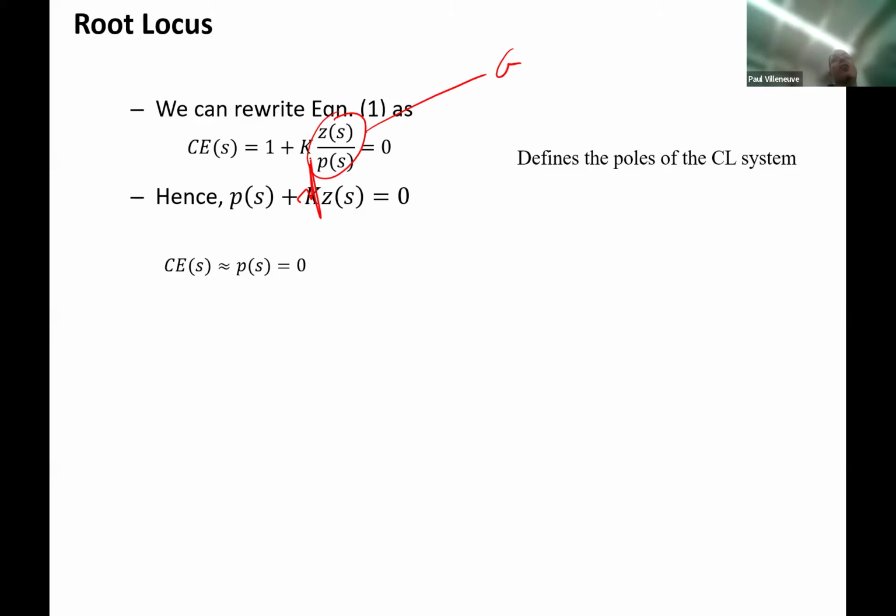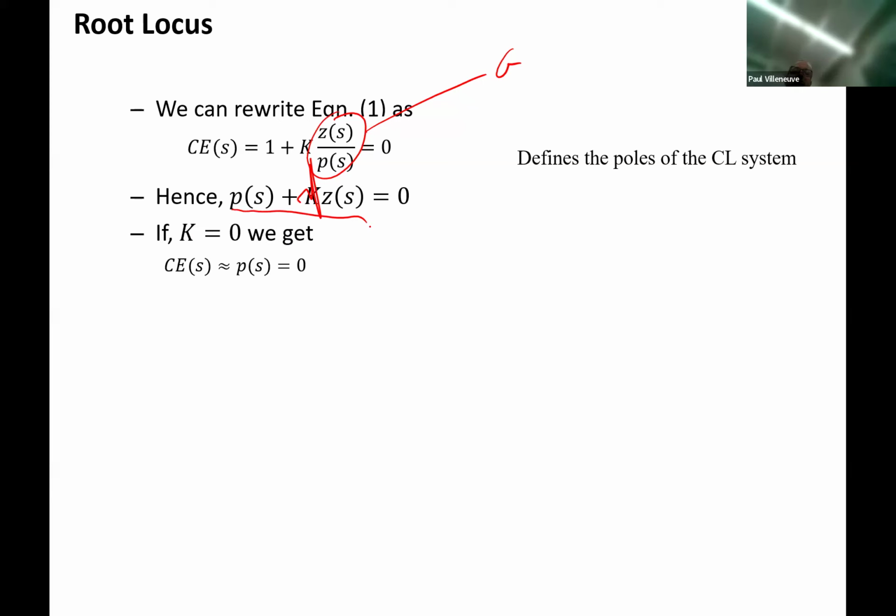The Z's are going to give us the zeros of the open loop transfer function, and the P's are going to give us the poles. We're going to go ahead now and multiply both sides by P to get rid of the denominator. And what we see is P of S plus K times Z of S is going to be equal to 0.